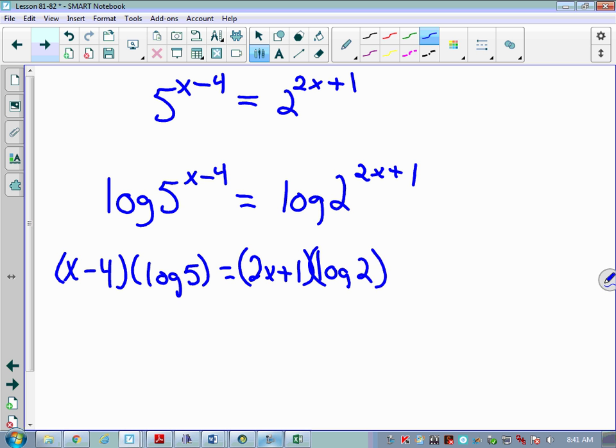Now, I can punch log 5 into my calculator, and it's going to give me a decimal, which is fine. I want the decimal. I get 0.6990.